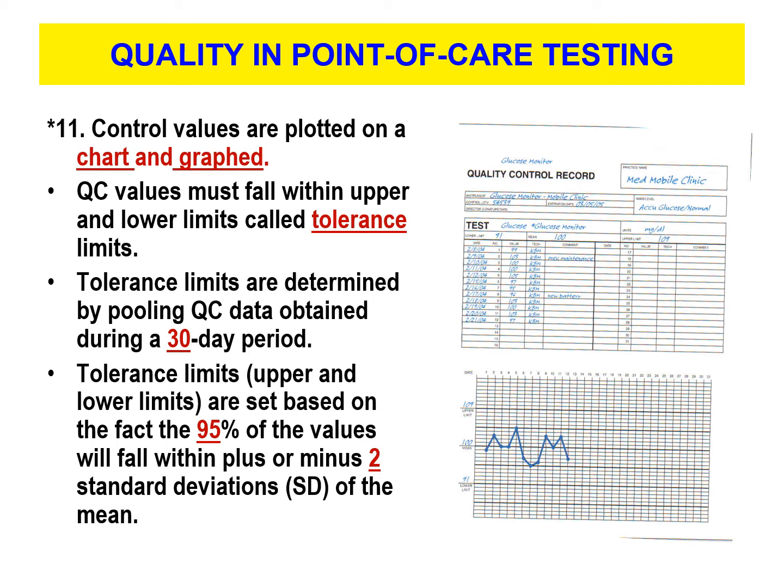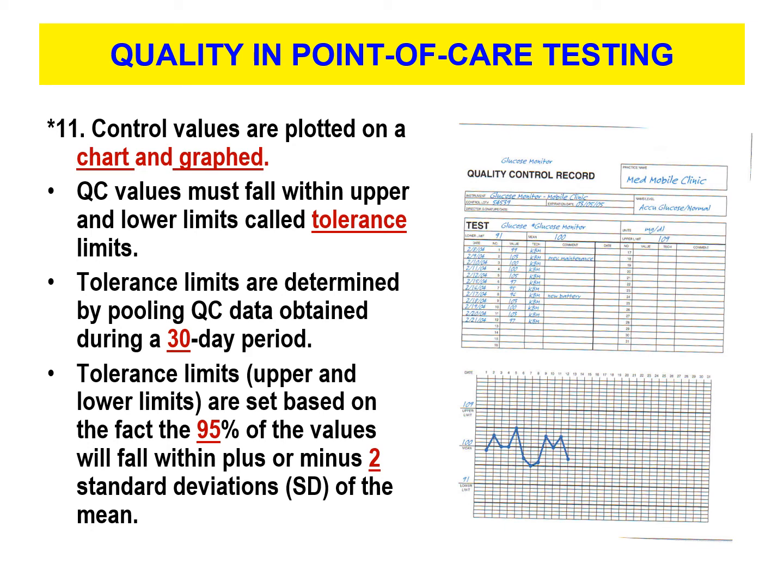So whatever that mean result is, you have 2 points above that, which would set our upper limit, and 2 points below that, which would set our lower limit, right? And we want to make sure that our QC results fall somewhere in between that. So let's just say, just make this up, okay, guys?